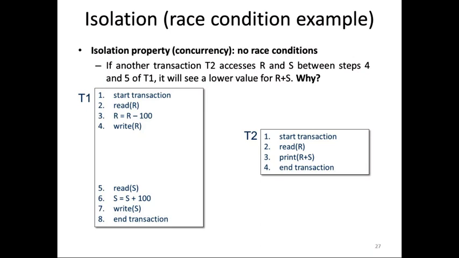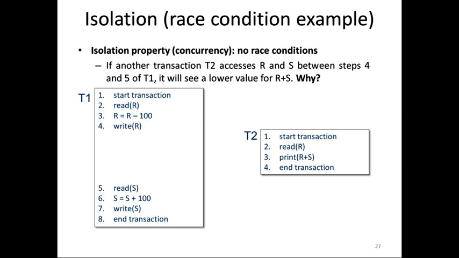It's simply the effect of the concurrent execution of these two transactions. It's a result that we would not see without concurrency, and this is what we call a race condition. This is what we want to avoid, what we want to guarantee by this property of isolation.